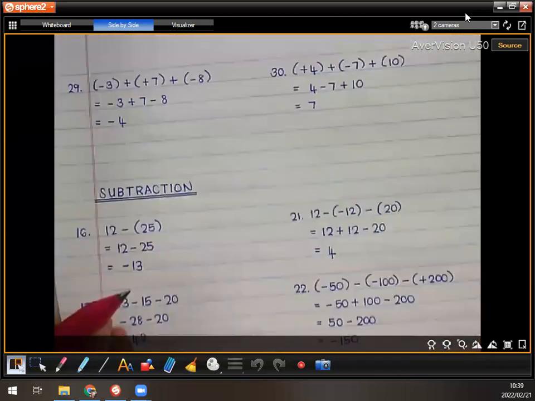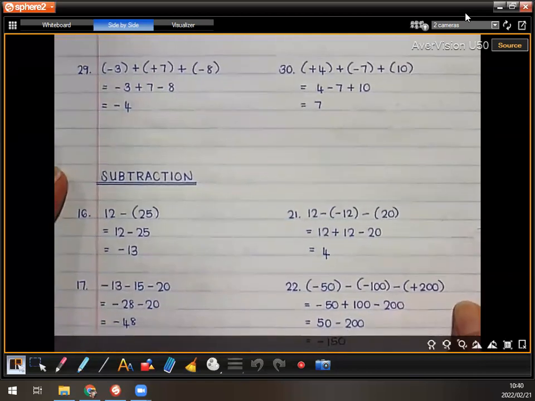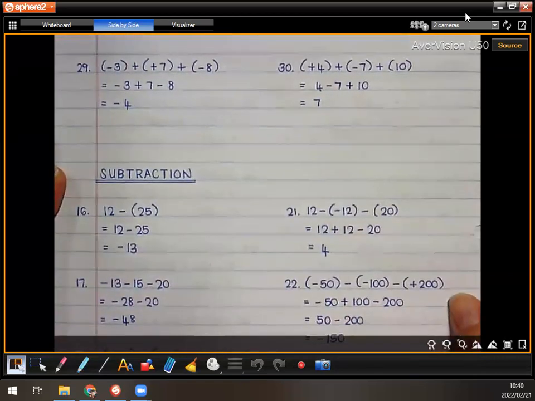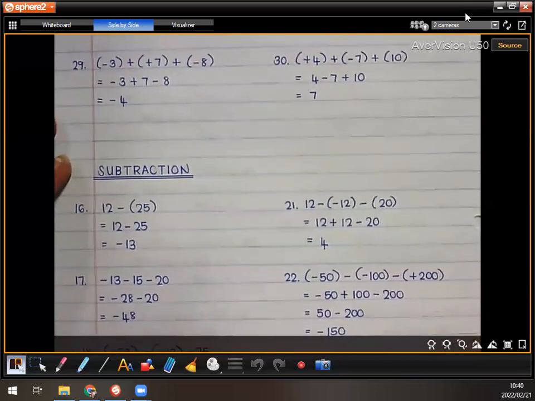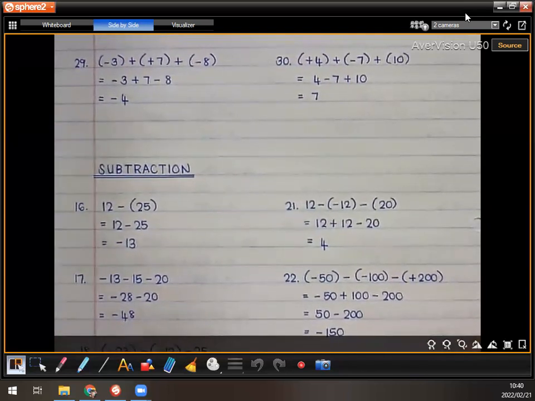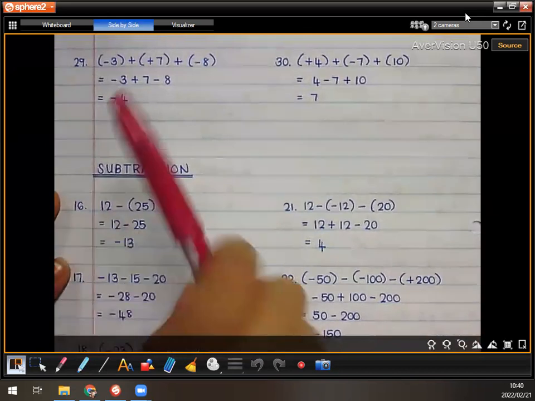Let's turn the page. Where are numbers 29 and 30? And then you can mark the first few questions of the subtraction exercise. So we already marked 1 to 15 as subtraction, and then you had to do 16 to 50 as well. We're done at 29 and 15.